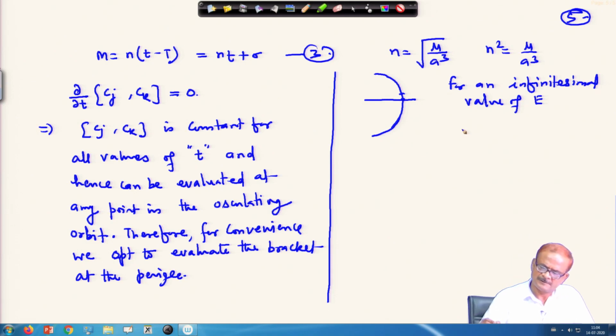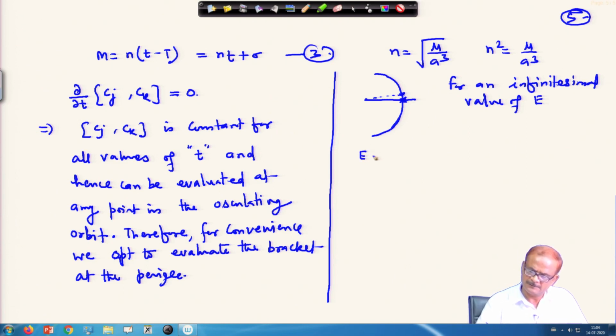So what does this mean? Here we want to evaluate at perigee, so we just take a nearby location which is infinitesimally close to this and expand our equations which are given there.